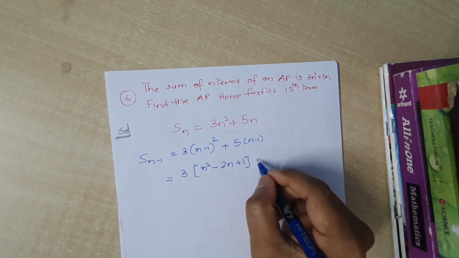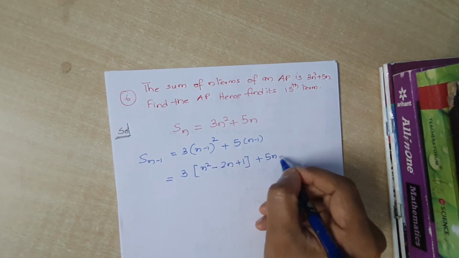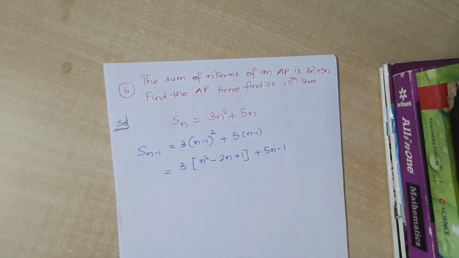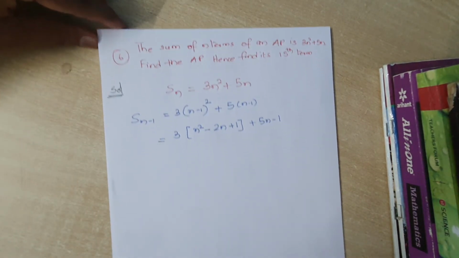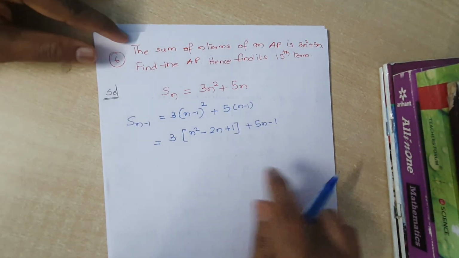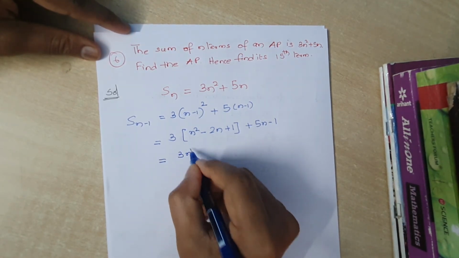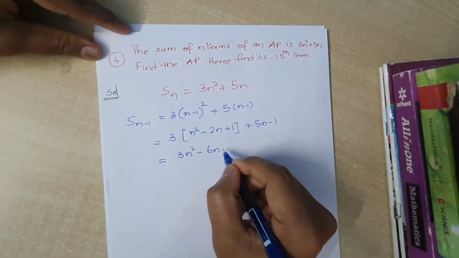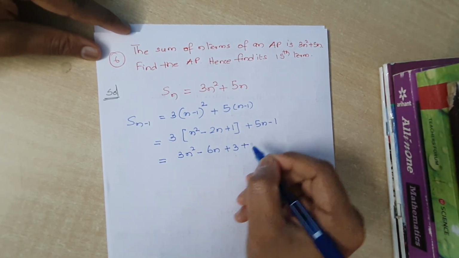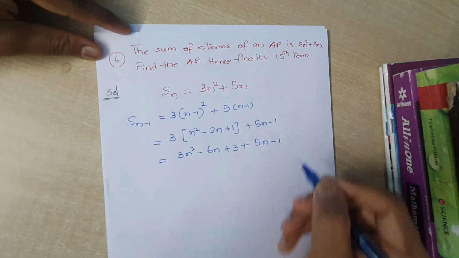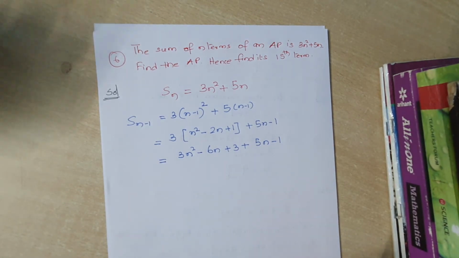Now if you open this, what do you get? And now if you open the bracket, you will get 3n square minus 6n plus 3. Okay, let us keep this as it is.